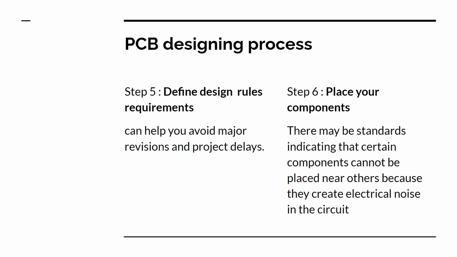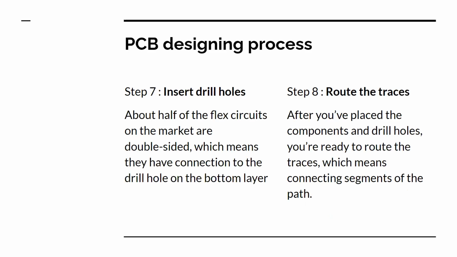And step 6 is placing your components. This is a fun and easier step in the PCB designing process, because you arrange the components in an elegant way, and you also follow some standards when placing the components in your PCB design. The 7th step is to insert drill holes.